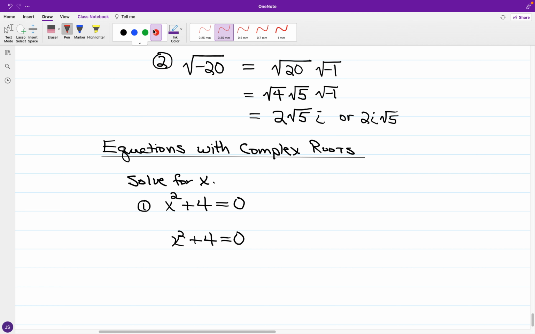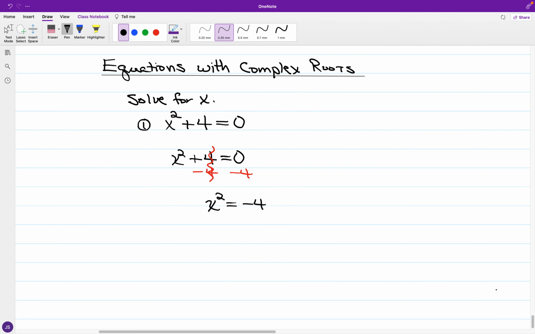Now I cannot factor the sum of squares x squared plus 4 into real integer coefficients, as I could with the difference of squares. So if I separate x squared from the 4 by subtracting, we have x squared is equal to negative 4.